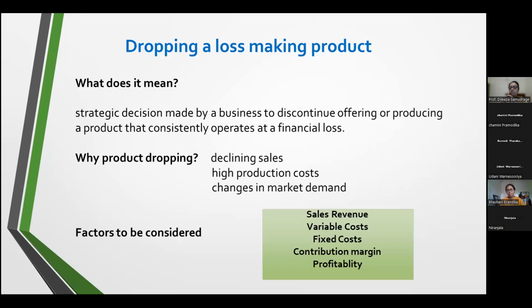The organization can't control the fixed cost in the short time period and should bear it whether the product is produced or not. But we can avoid variable cost if we do not produce the product. So in this decision, we should consider sales revenue, contribution, and profit in addition to variable cost and fixed cost.